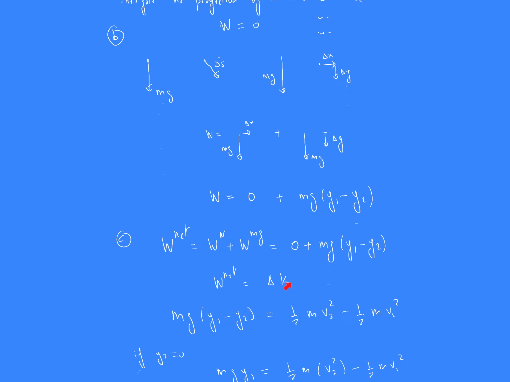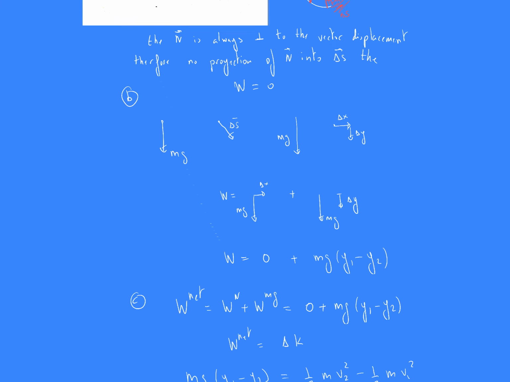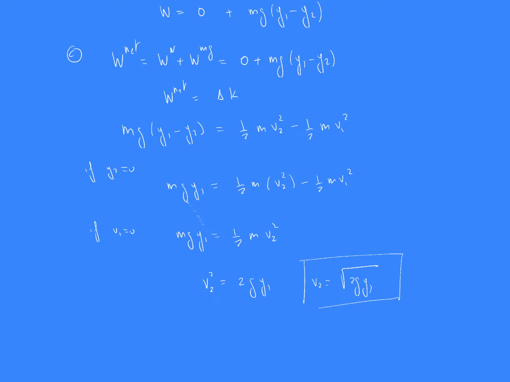And the net work is the change in the kinetic energy. So if the third question asks you what is the speed at the point B, well, you apply this equation. You can apply conservation of energy, of course, but this is the equation now. It's the same conclusion. The net work is the change in the kinetic energy.